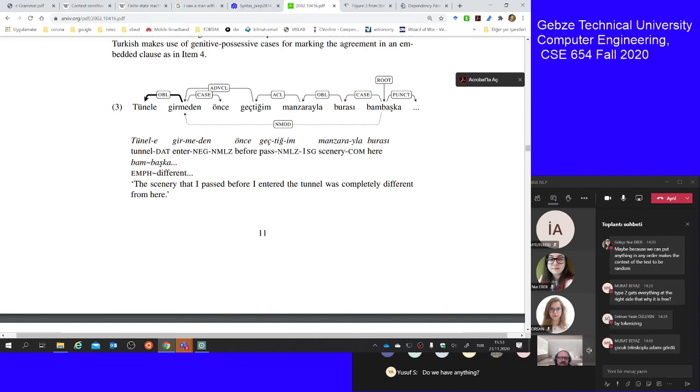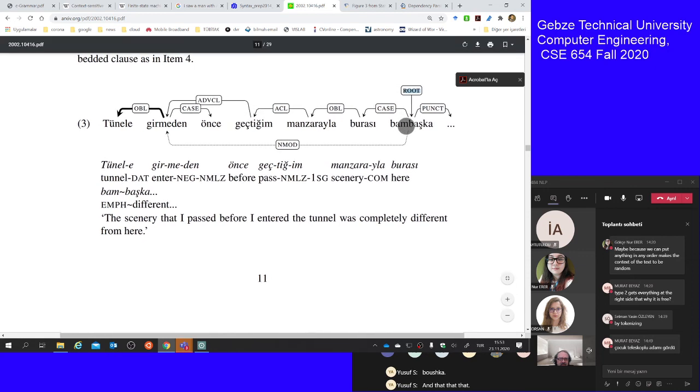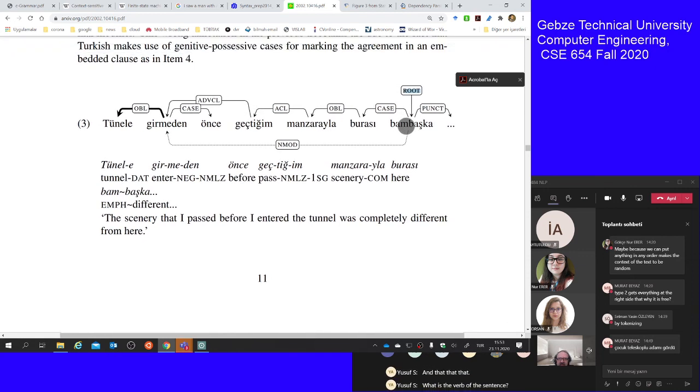Okay, good. Tünele girmeden önce geçtiğim manzarayla burası bambaşka. And dot dot dot. Root is the verb of the sentence. And burası is a case.